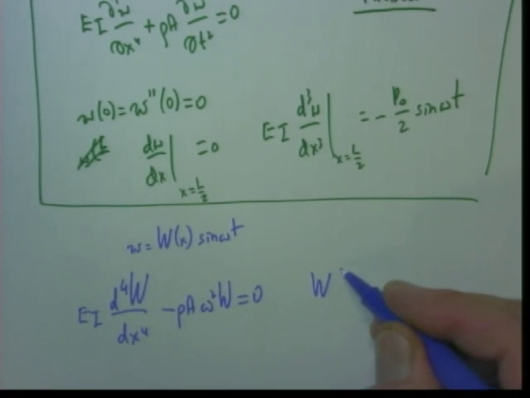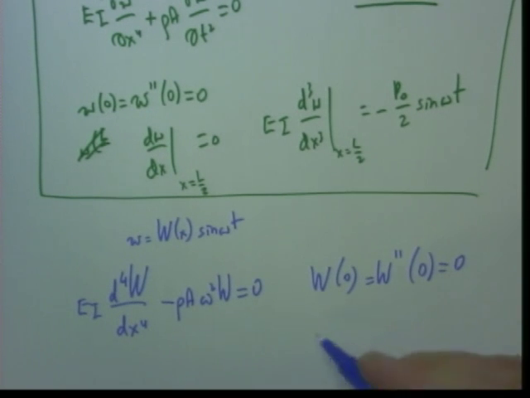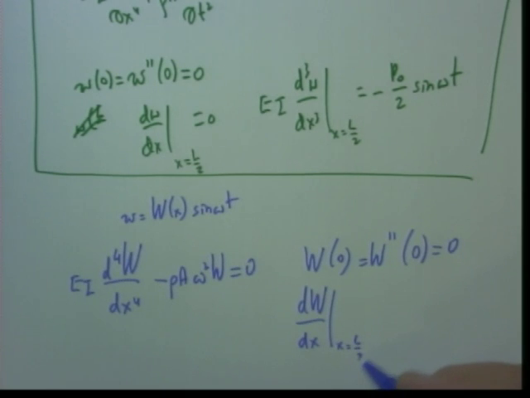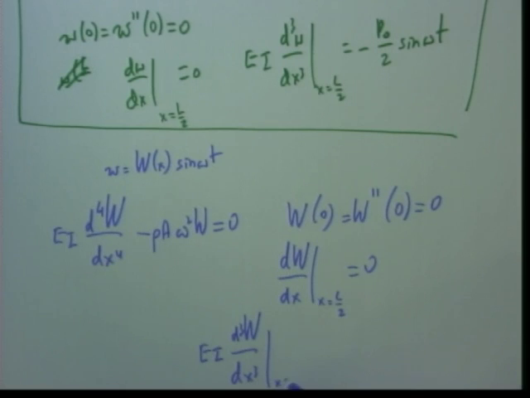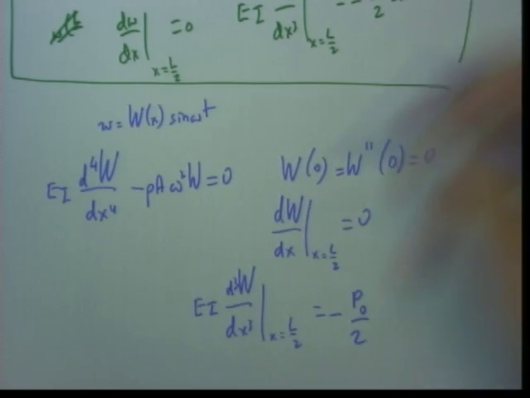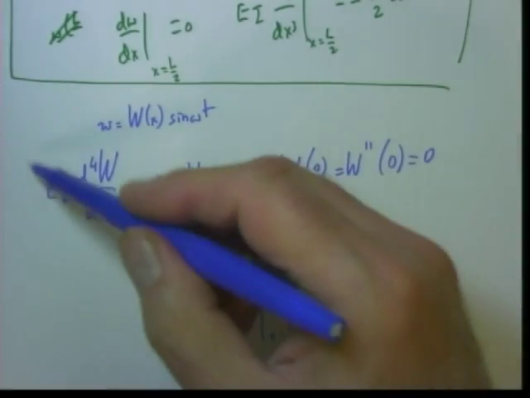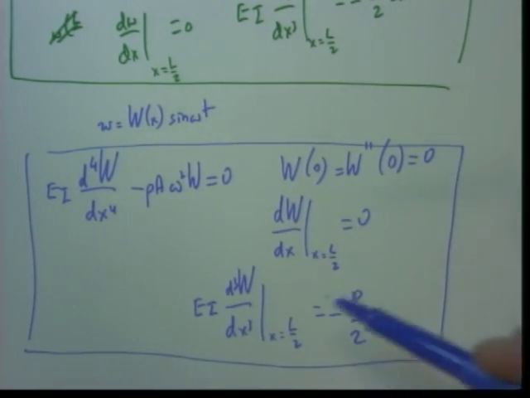Then capital W at 0 and the second derivative of capital W equal 0, and dW/dx at x equals L over 2 equals 0. And one more: EI d3W/dx cubed at x equals L over 2 equals minus P0 over 2. The sine omega t is gone because I introduced sine omega t everywhere.